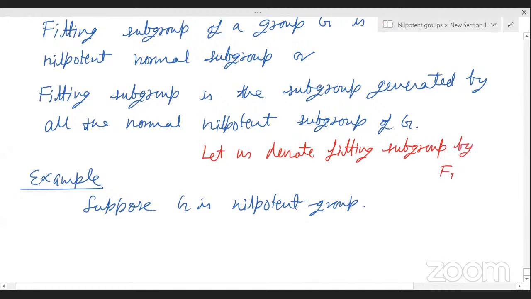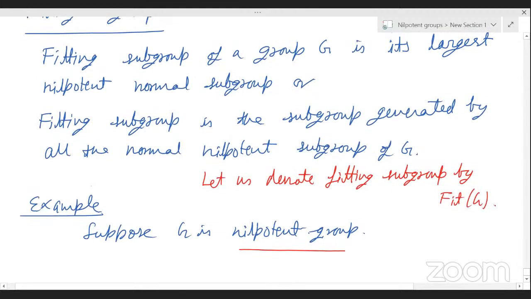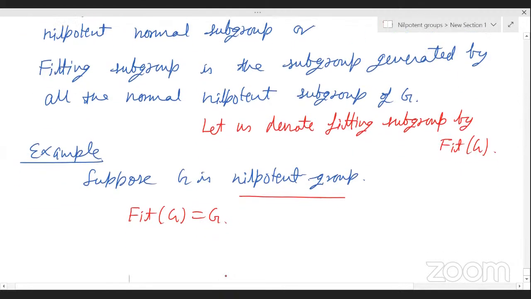So if we have a nilpotent group, the group is itself nilpotent, then its largest normal nilpotent subgroup will be G itself. So the Fitting subgroup of G will be G.